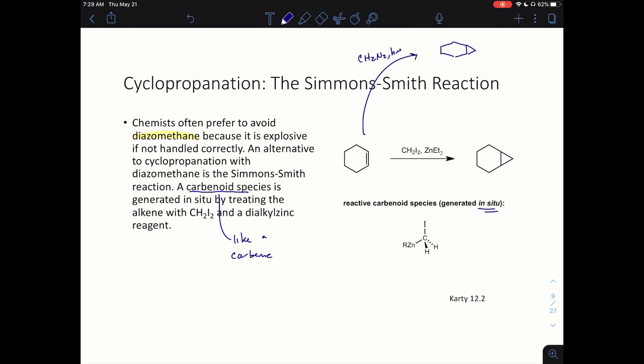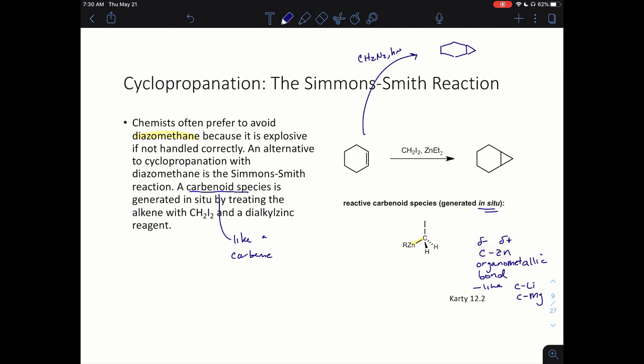So it has a good donor and a good acceptor. We haven't looked at carbon-zinc bonds before, but you can think about this organometallic bond just like you would think about a Grignard. Organozinc reagents are a little bit more mild than Grignards and organolithium reagents, meaning there's a little more covalent character in this bond.